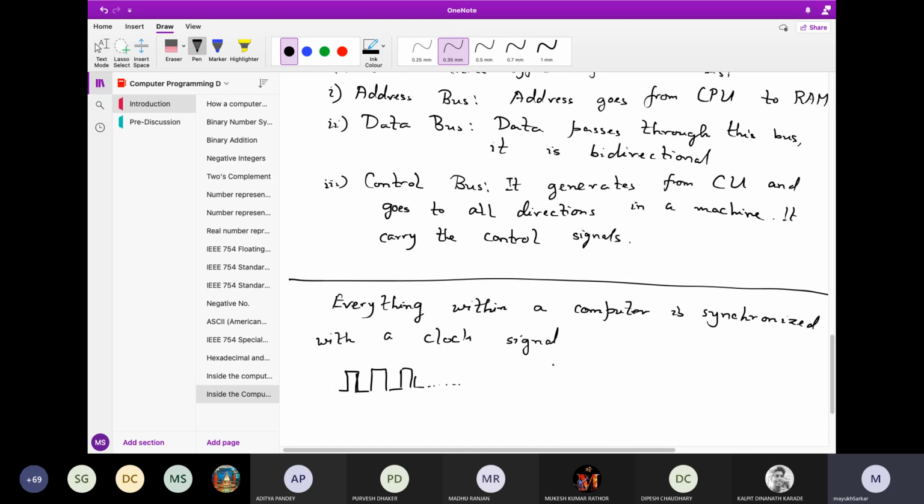Now, I think you have also heard that a CPU is a 2.9 gigahertz CPU or a 3.7 gigahertz CPU and so on.